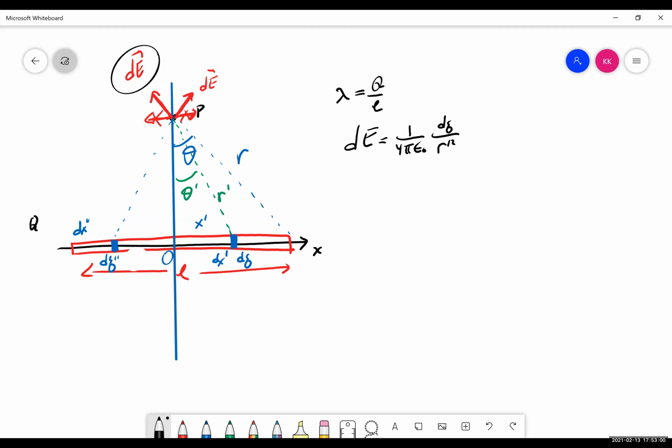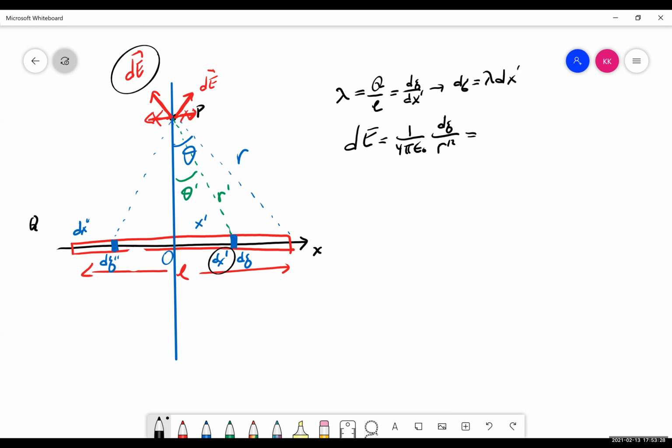This is then the magnitude of the electric field that it generates. All right, but what I'm going to do is say lambda, which is equal to Q over L, also equals dq over dx prime, because x prime is the size of my element. That means dq can be replaced with lambda dx prime.